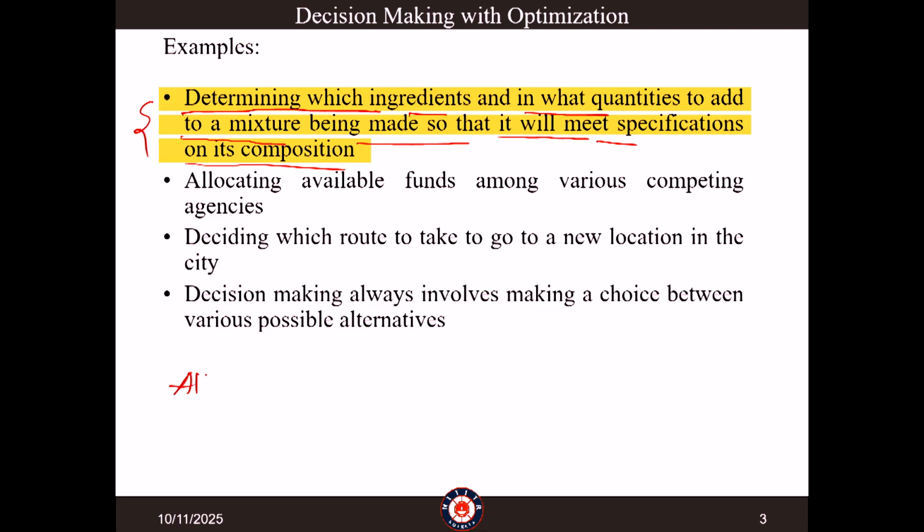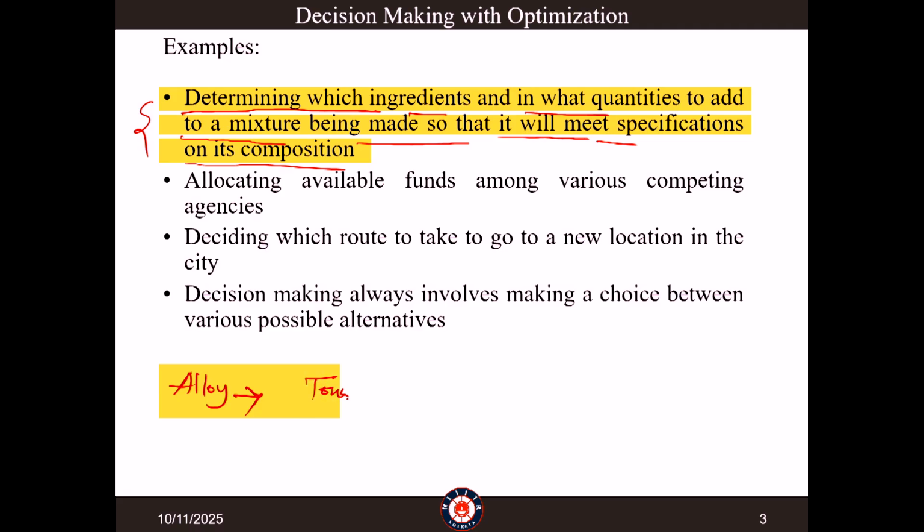This alloy is made of several types of constituents, several types of basic elements. In what proportions should I mix this alloy so that mechanical properties such as toughness and hardness will be maximum?